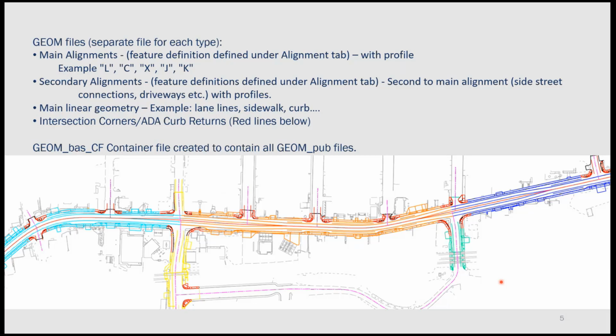Because of the new program and my unknown user ability, I ended up breaking the main alignment into 3 different sections: the dark blue, orange, and light blue for your normal lane lines, sidewalk, curb lines, edge of pavement, and lane lines. The alignment itself got its own separate file.